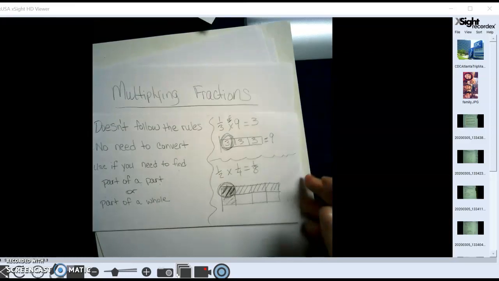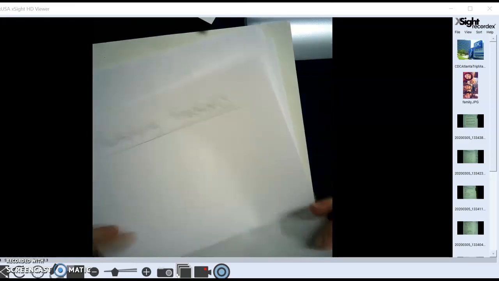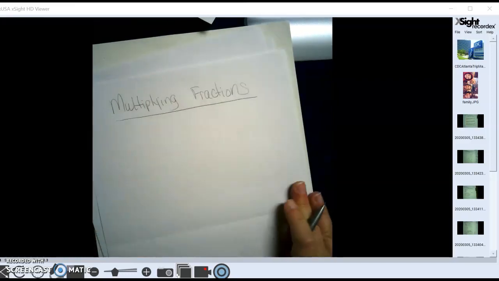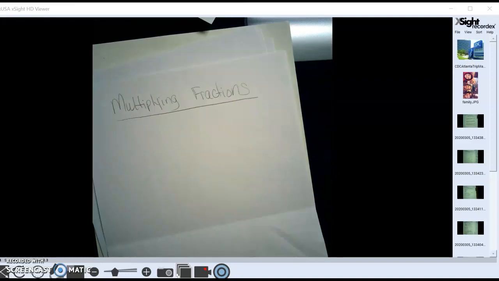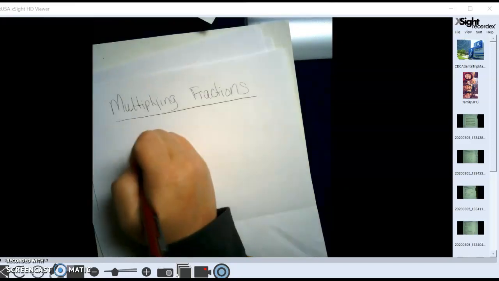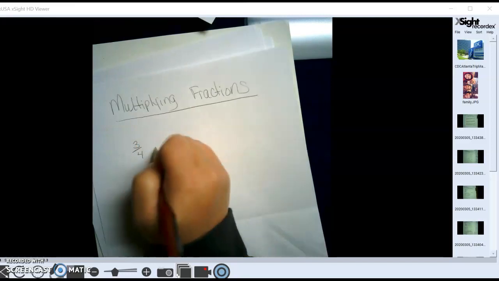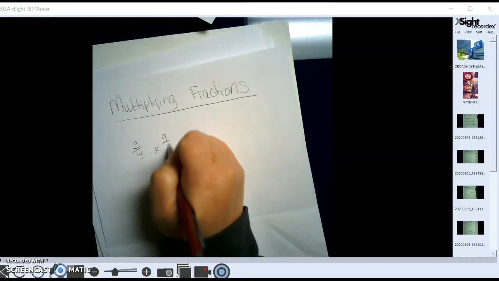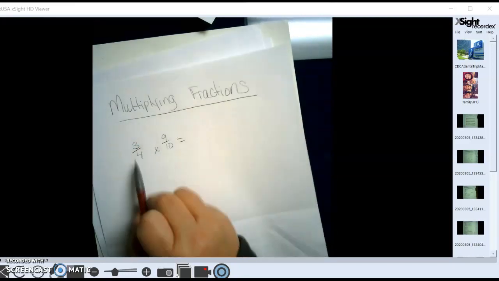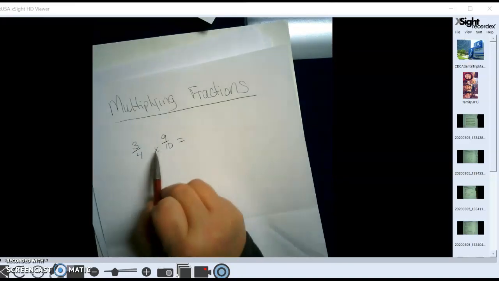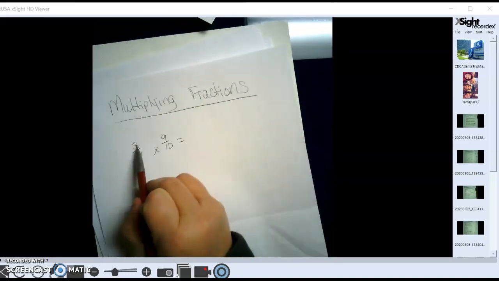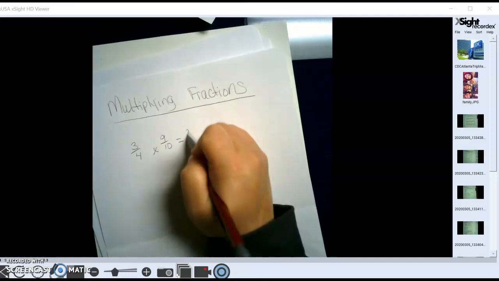Okay. Now I'm going to go over the algorithm for this. And the algorithm for multiplying fractions is very easy. Remember, you don't have to convert anything. You don't have to make them common denominators. All you have to do is multiply across. All right, so if I have 3/4 of 9/10, I would multiply 3 times 9, which is 27.